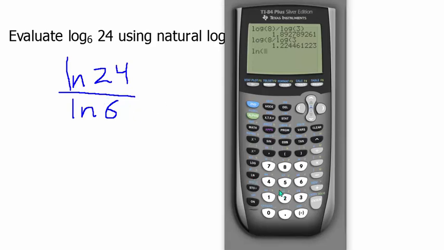And again, please make sure that you remember to close your parentheses. If you do not do that, you will be wrong. And I have to add something in here because I didn't catch my 2. Natural log 24 divided by a natural log of 6. And we have 1.77.